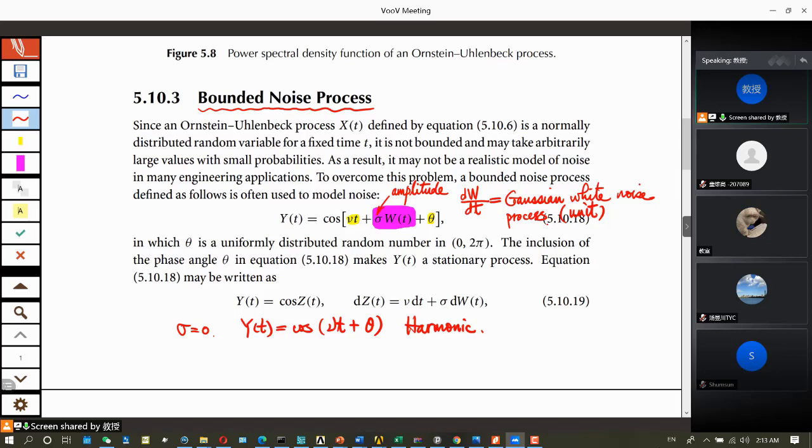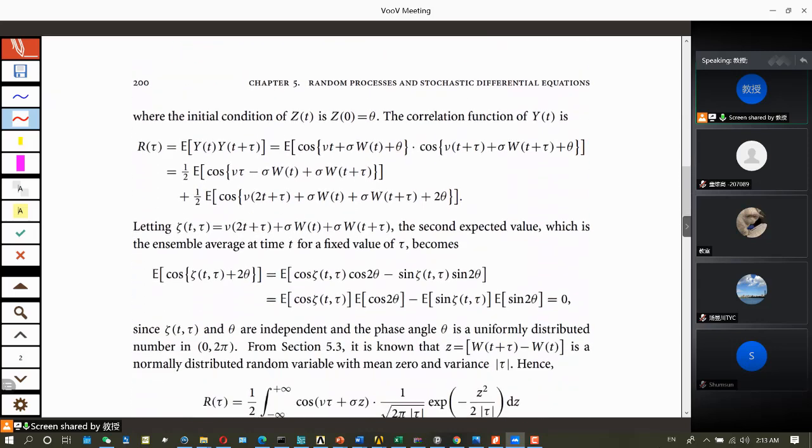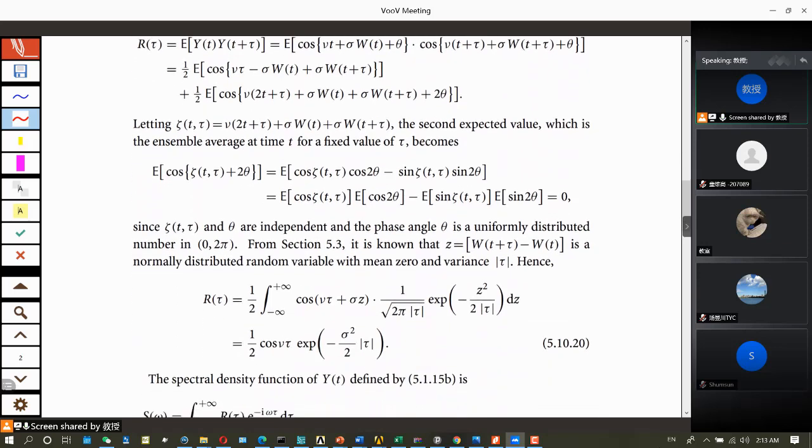Okay, we don't need to go through the derivation, but if you look at the correlation function of this bounded noise process, it is given by this. Okay, so it has two parts. The first part is cosine nu t. Can you relate this to something else?